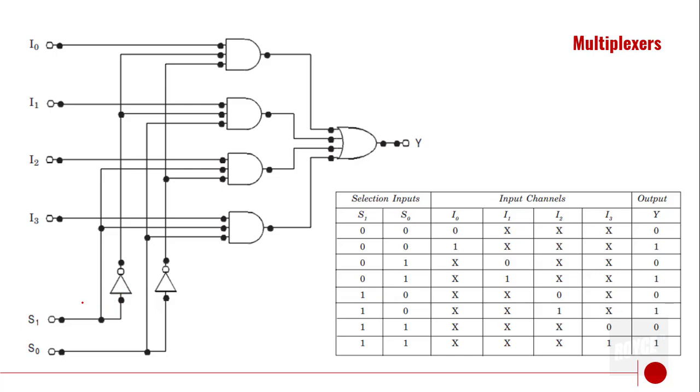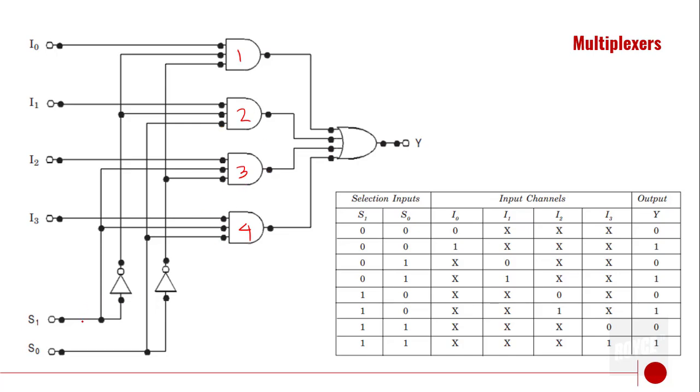Mapapansin nyo, 0 yung magiging input sa, let's name this 1, 2, 3, 4. 0 yung mapupunta sa 4 tsaka sa 3. Tama? And then yung 0 mapupunta sa 4 tsaka 2. So ano mangyayari nun? Pag nag-add tayo to any 0, automatic ang magiging output ng AND gate ay 0. So by putting 0 sa S1 and S0, we are effectively disabling AND gates 2, 3, and 4.